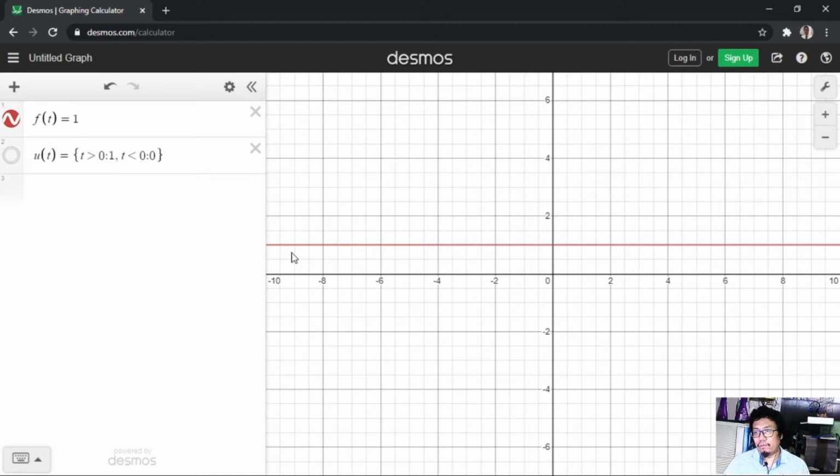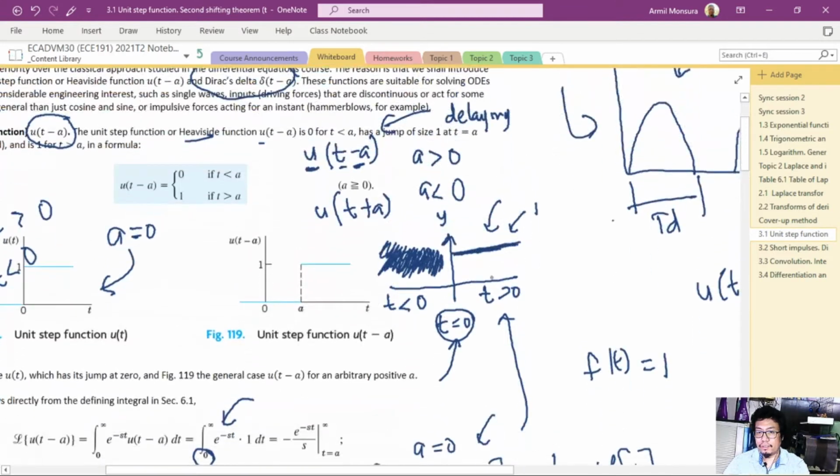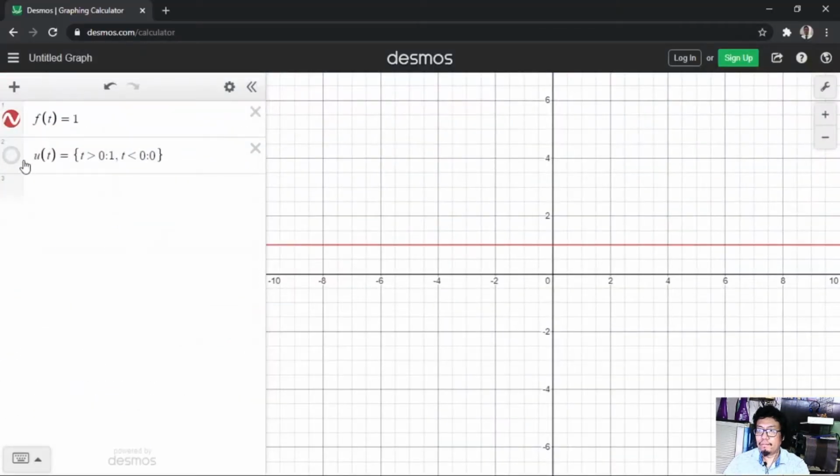But when you have u of t, the unit step function as we have described here, you have some kind of this. As you can see, the signal switches at time equals 0 from a 0 value to a unity value.